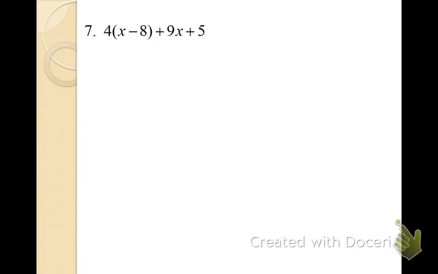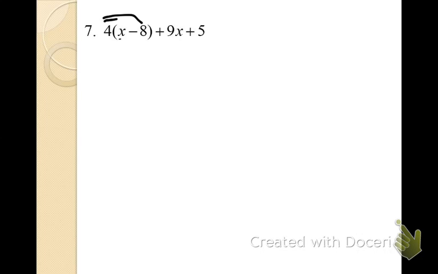Okay. Last couple. We're going to combine some things here. First things first, I want to distribute this 4. I do know that this 9x and this x are going to be like terms, but I don't know exactly what the value of this x term is quite yet. And so I've got to distribute this 4 to find out what that is.